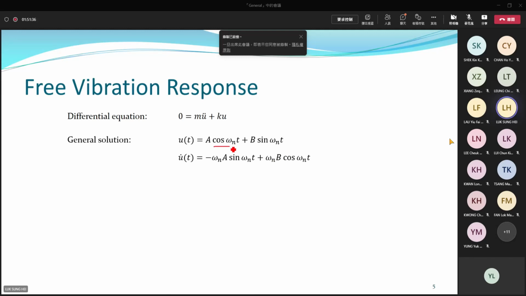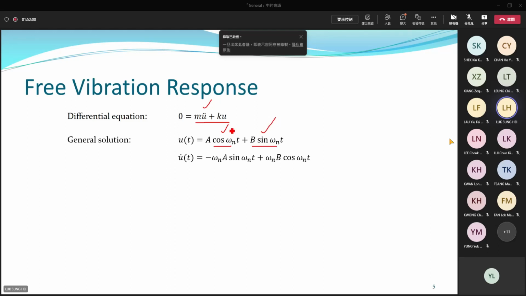Why do we use sine and cosine? The answer is quite simple, because when you have a look at the original differential equation, it involves second order differentiation. You can see that when you differentiate cosine twice, it will give you back cosine. Similarly, if you differentiate sine twice, it will give you back the sine function.